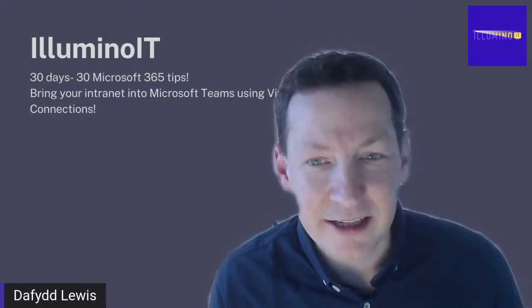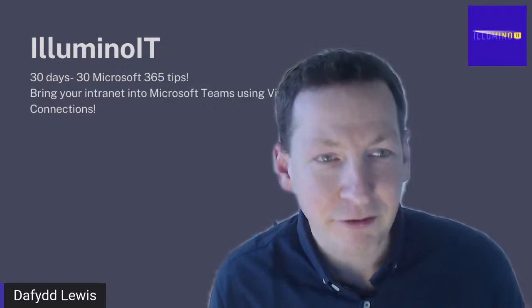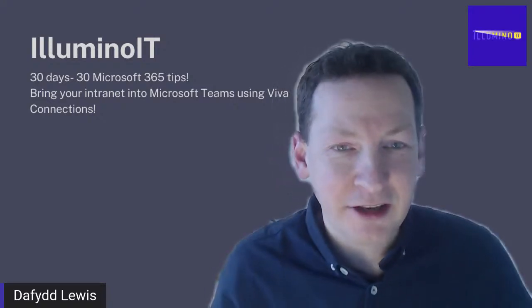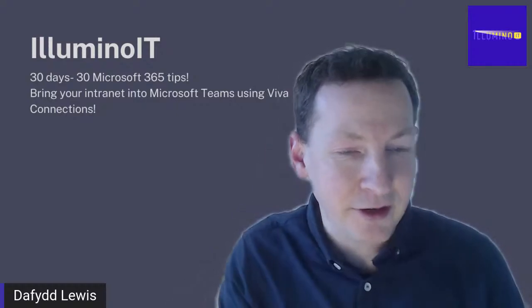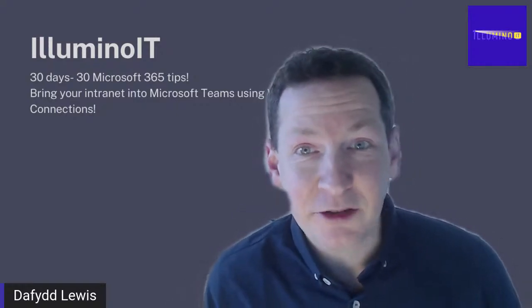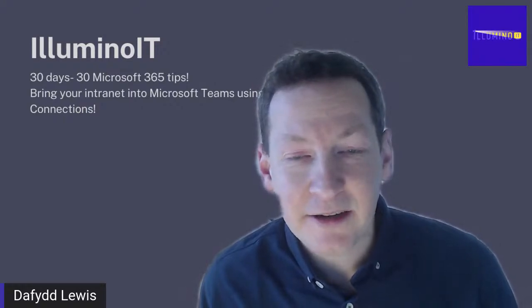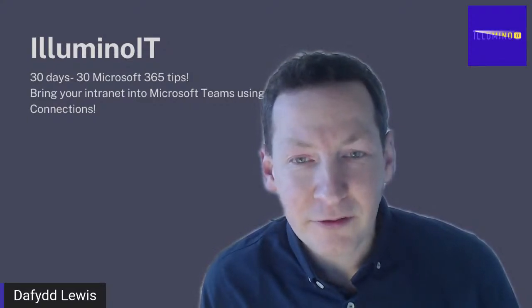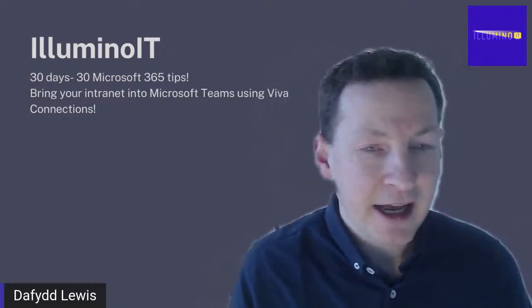So organizational data, things that might live on your intranet, such as policies, travel claims, centrally sent out items, and make those as easy as possible for your employees to access on any device, any place through Viva Connections and the use of Microsoft Teams. Okay, so how this is going to work today.